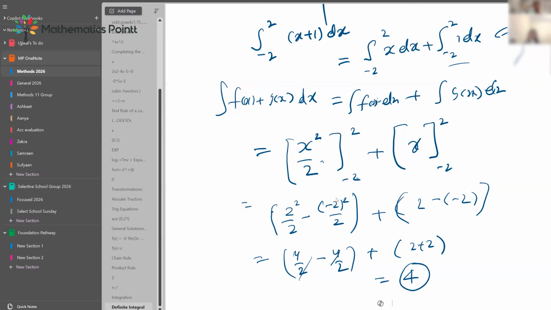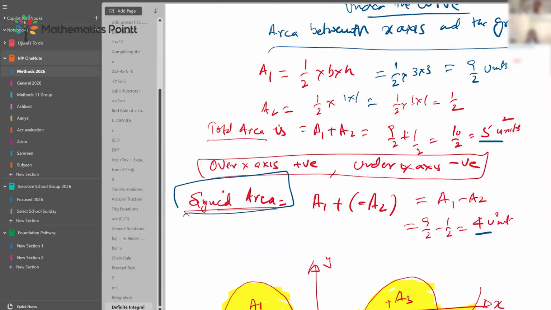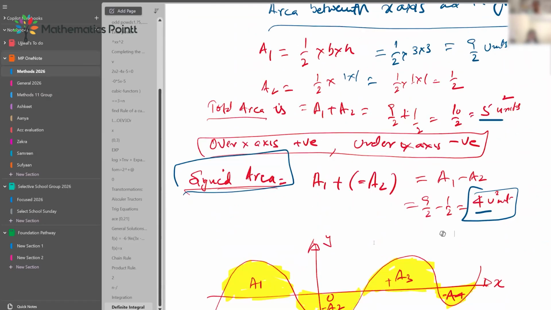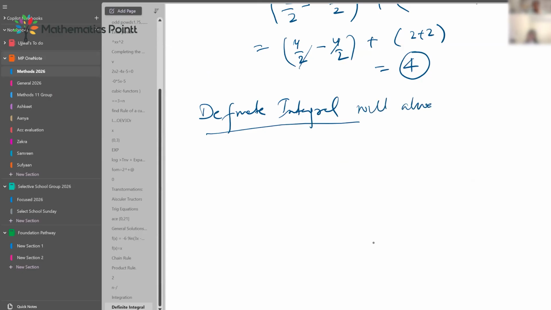And what was 4? 4 was the signed area. So the point that I'm trying to make here is that whenever you are solving area under the curve, the definite integral will always give you signed area.